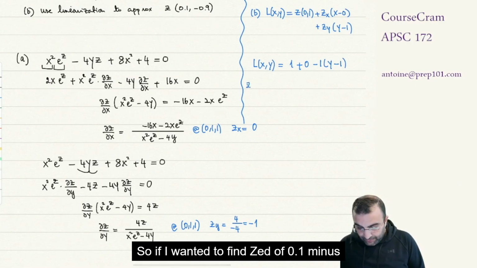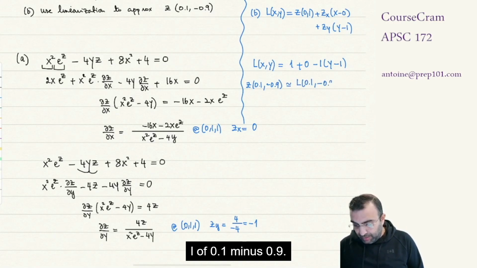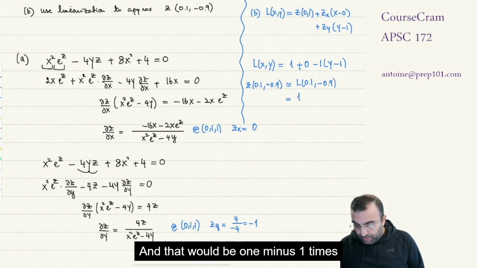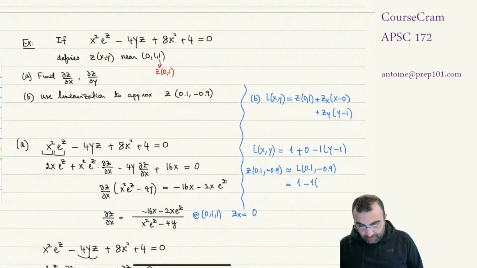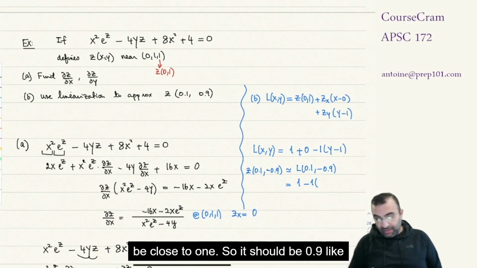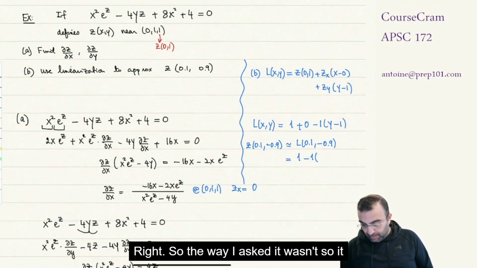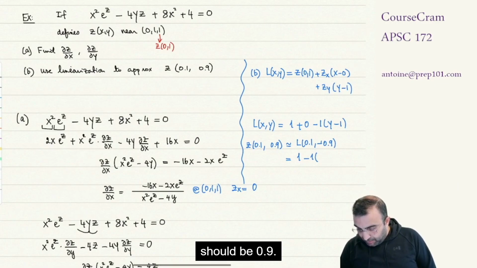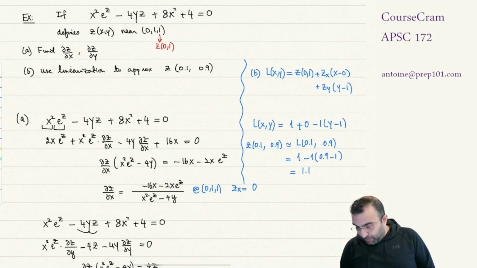So if I wanted to find z of (0.1, 0.9), that's approximately equal to L(0.1, 0.9). It should be close to the point (0, 1), so y should be 0.9, so that's 1 minus (0.9 minus 1), and that would be 1.1.